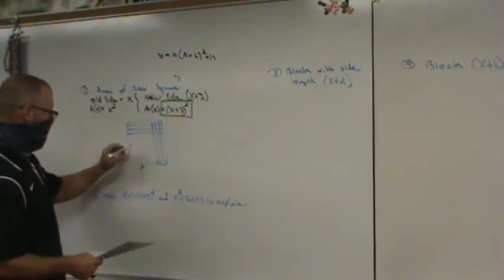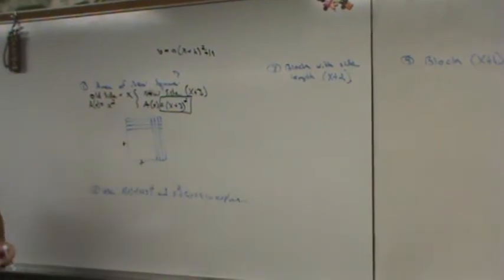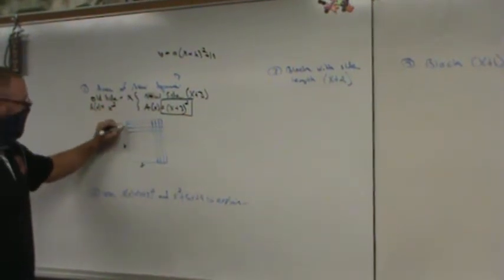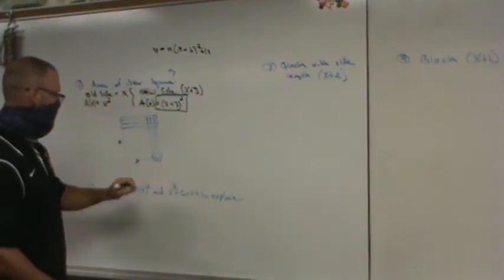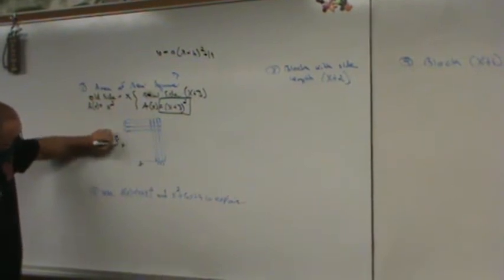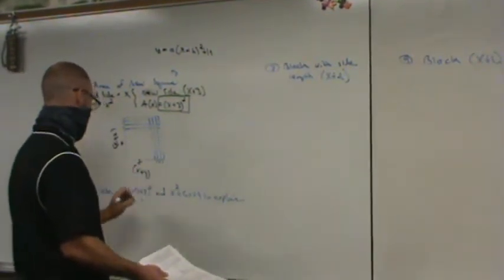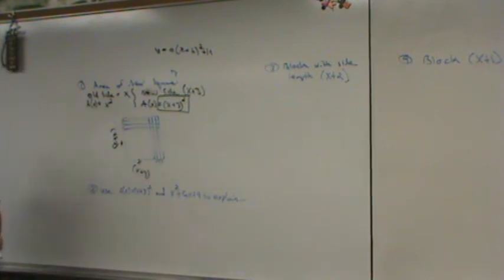We've identified our larger square as x by x. We've expanded each side by 3 units, or x plus 3 on the left as they have it, and x plus 3 on the bottom as they have it.